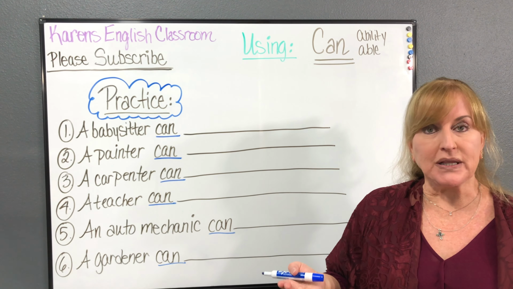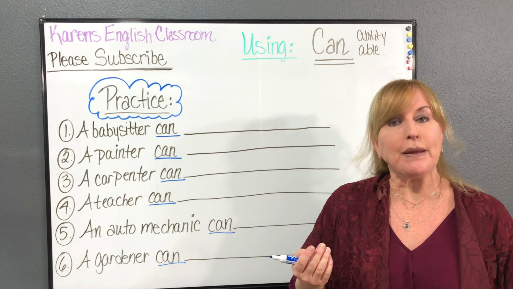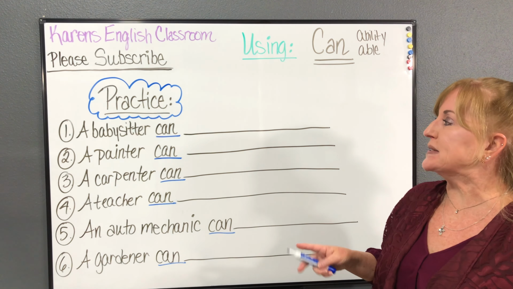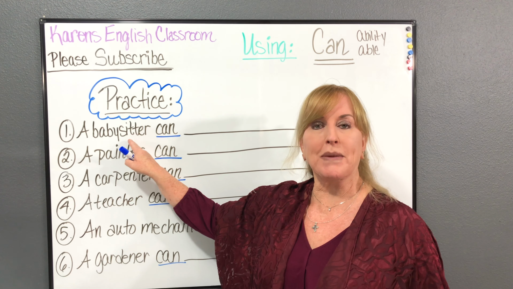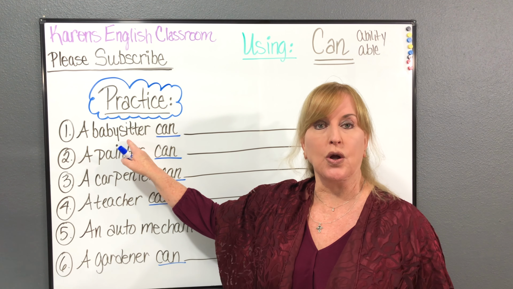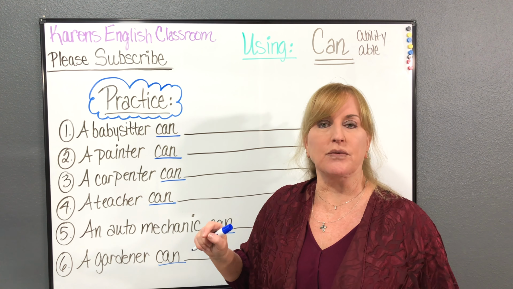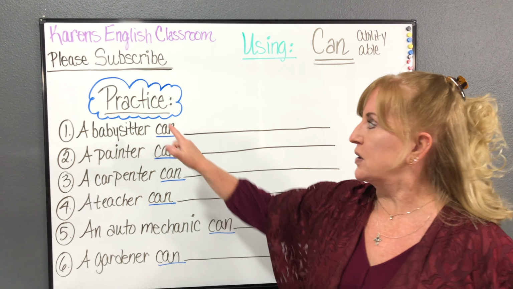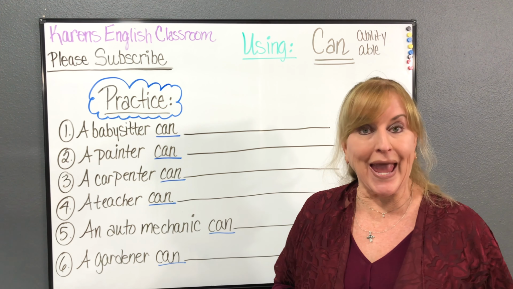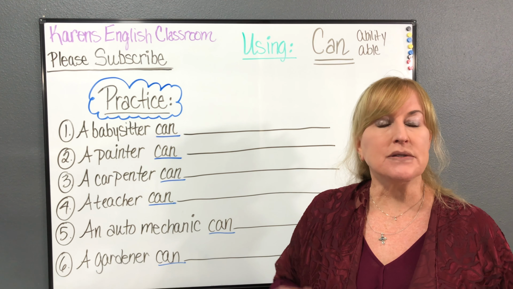Do you have the ability to do it, and are you able to do it? Okay, so let's look at number 1. It says a babysitter or maybe a child care worker. Okay, what can they do? I know they can do a lot of things with children. They're very wonderful. So a babysitter can, okay, so think about it.